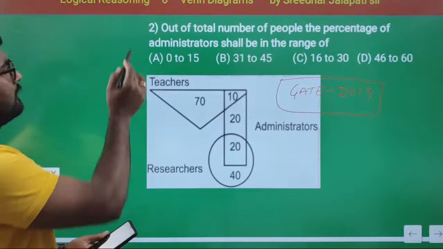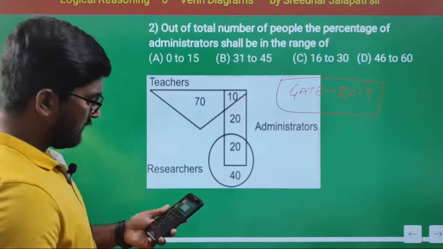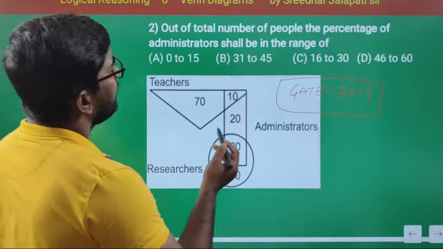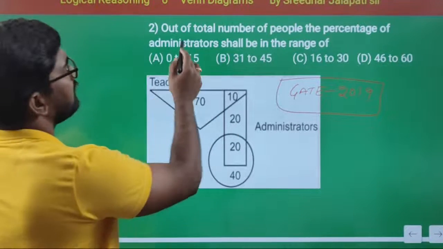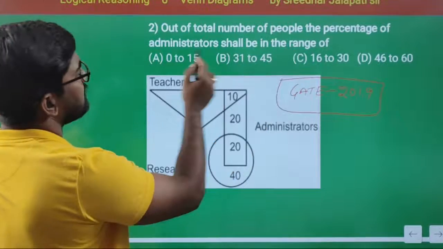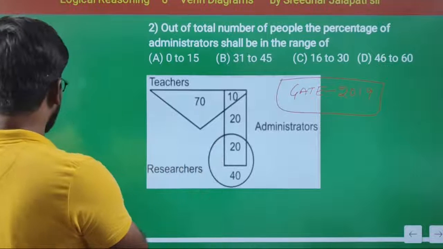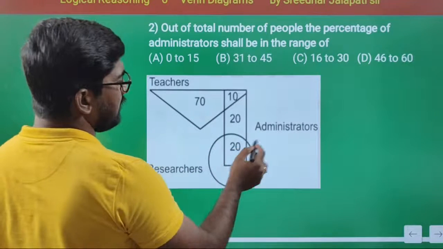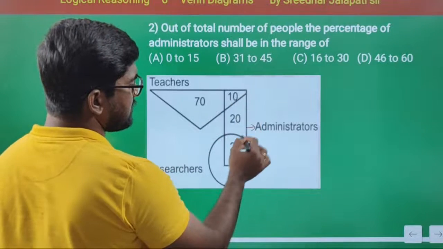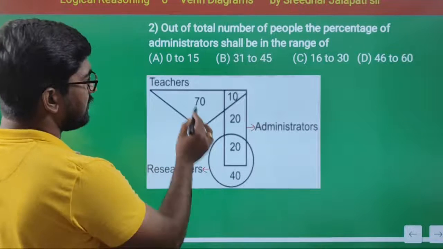Okay. As the time is over, let's see what the answer is. The question says, out of the total number of people, the percentage of administrators shall be in the range of. In this diagram, this rectangle is administrators, this circle is researchers, and this triangle is teachers.